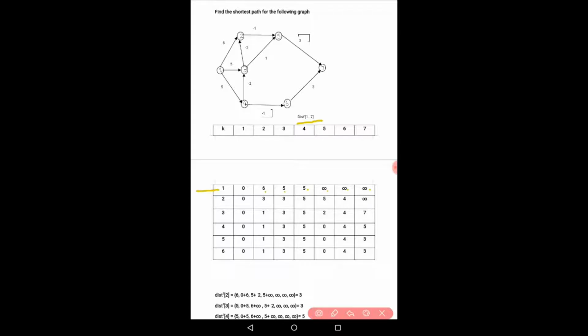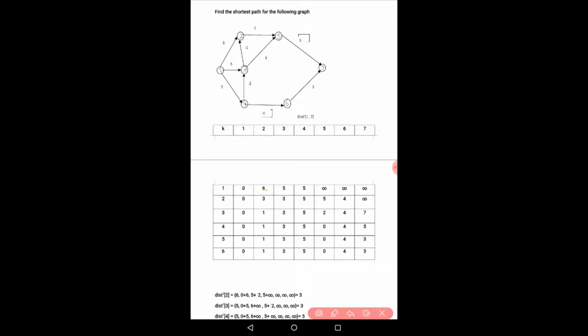This is the column for the second node, and this one is the column for the third node, and it continues like that. First let's see how we get this value. It is obtained by one edge.